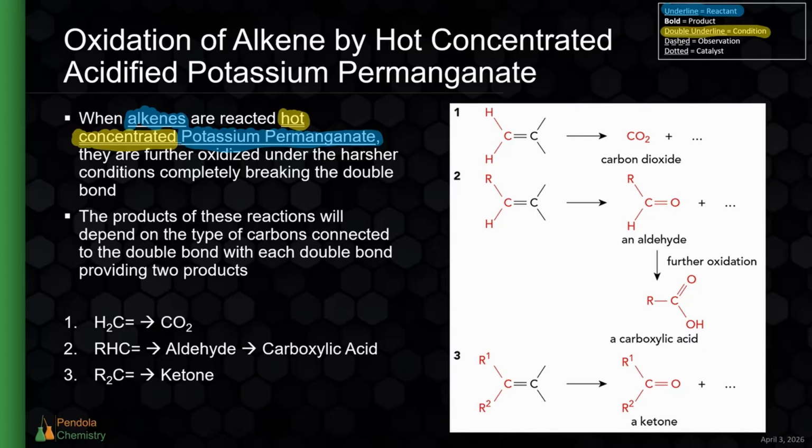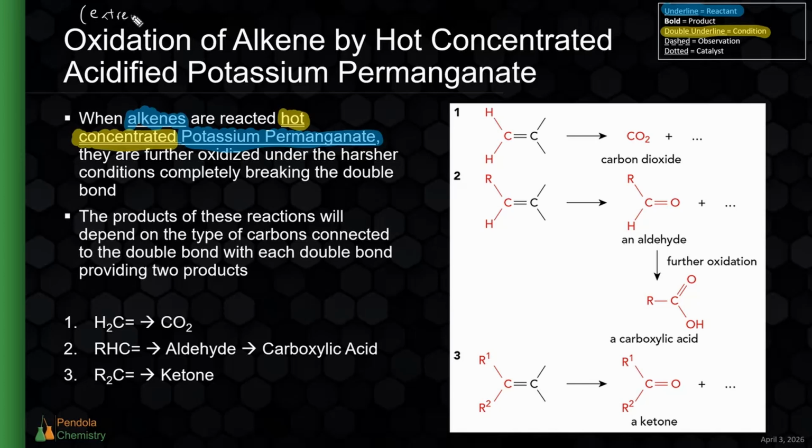When we use hot concentrated potassium permanganate, we have a more extreme, more drastic oxidation reaction because the conditions are more extreme.